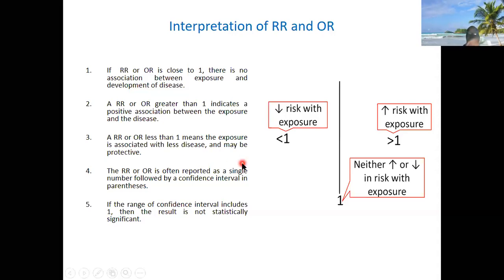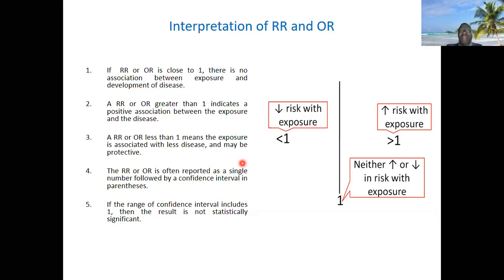Let's look at it. If you compare two risks, and the risks are the same between the exposed and non-exposed, when you divide the two, it will be 1. So what it's telling you is that if the disease risk is the same among the people you think are exposed and the people you think are not exposed, the odds ratio is 1.